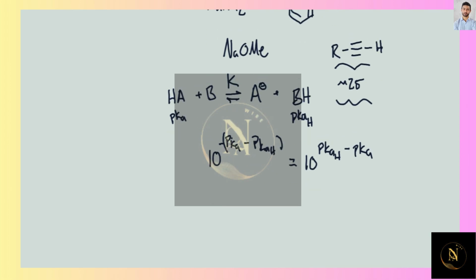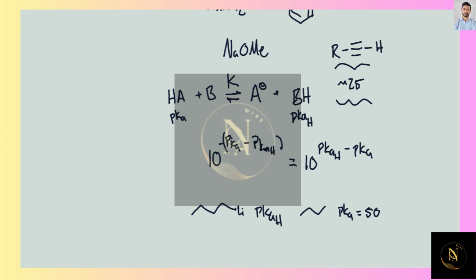So we're saying if we can find the pKaH of, say, n-butyllithium, which is really the pKa of butane, that's the protonated form of n-butyllithium, which is about 50.